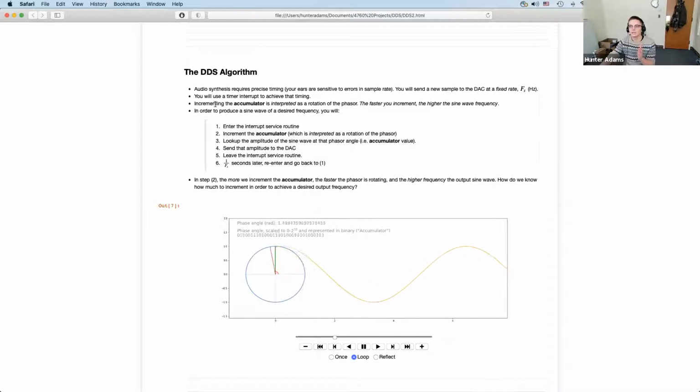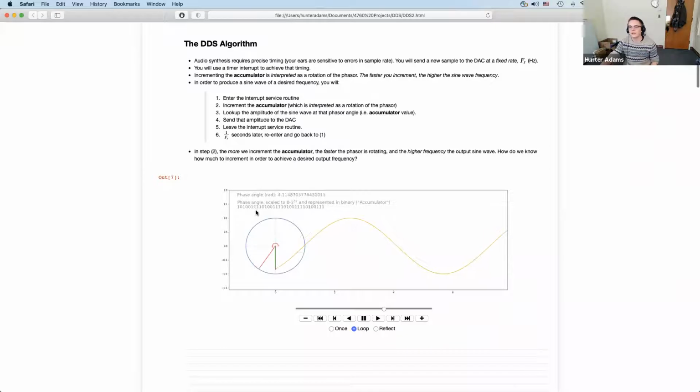Now, as I mentioned, incrementing this accumulator variable is interpreted as rotating the phasor. So the faster you increment that variable, the faster this phasor is interpreted to be rotating. You can see in this diagram that we're incrementing this variable at some rate, which corresponds to some phasor rotation rate.